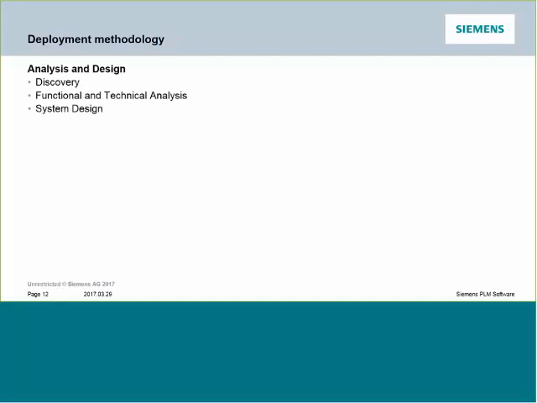Based on that, we can perform a functional analysis and a technical analysis and bring those together in a system design. Now, we move on to the build phase, the building both of the APS system and the IT system and feeds around it.